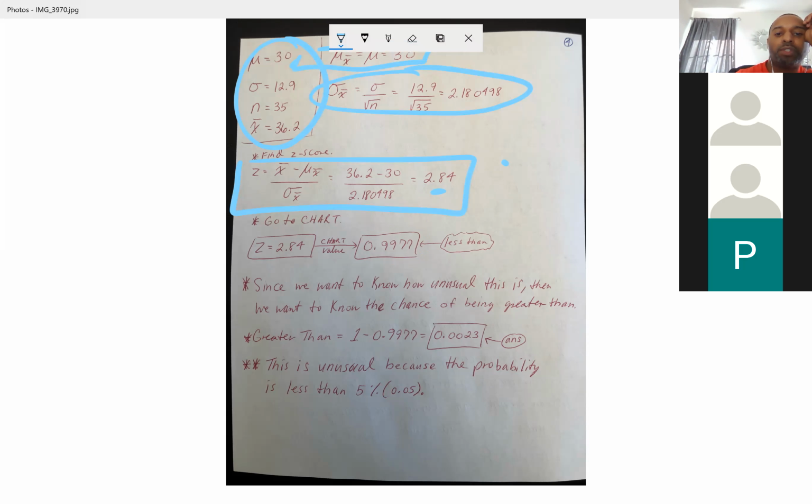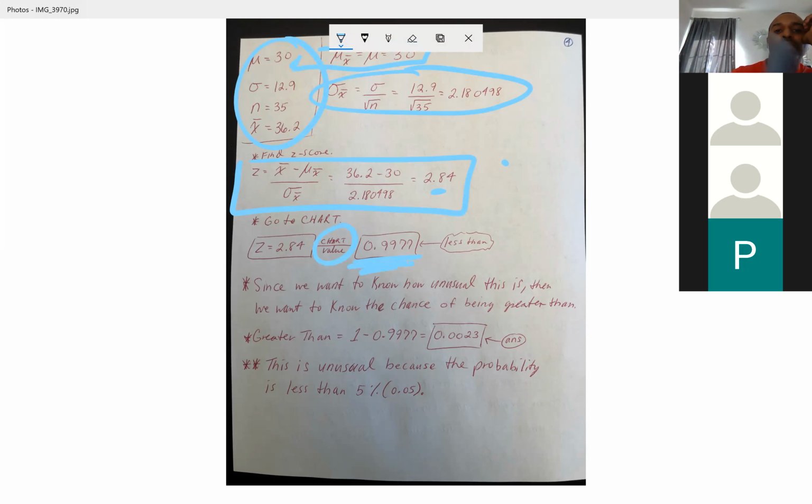Once you go to your z-score, you hit the chart to get this value. All right, and that is actually it for 8.1. Those are the type of problems that you'll see in this section, and that's the process.